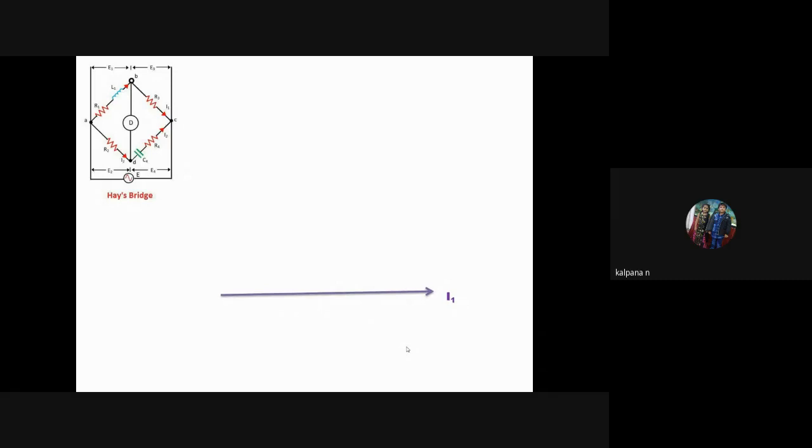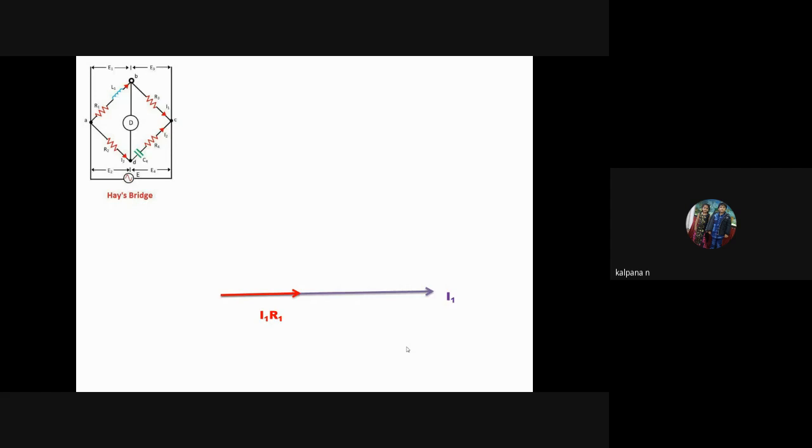Okay. So first we are taking the reference as I1. Next, I1 R1 is also in phase with I1. So I1 R1 I have drawn. Next, in branch AB with R1, L1 is also present. So in L1 also the same I1 will flow.